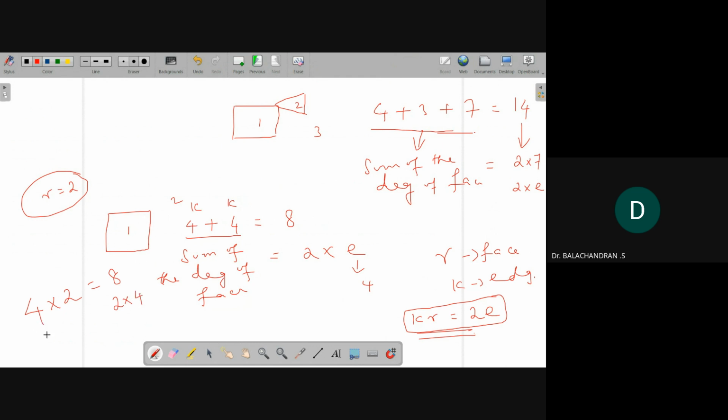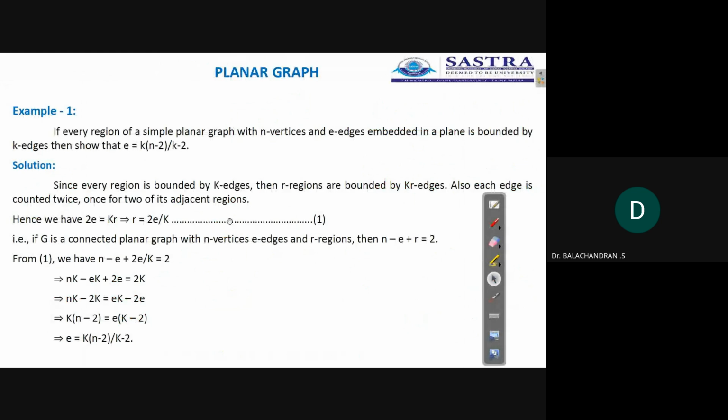So in this graph, k times r equals 2 times E. This is a particular example. In general, kr is the sum of the degrees of the faces, which is equal to twice the number of edges. Once you get this, everything else in this problem is easier.